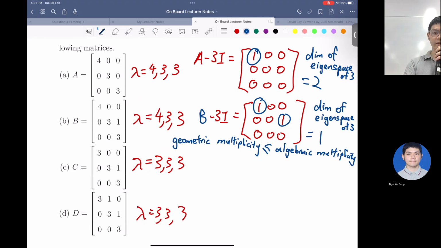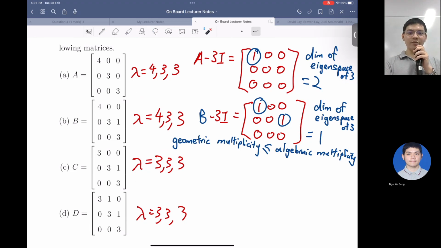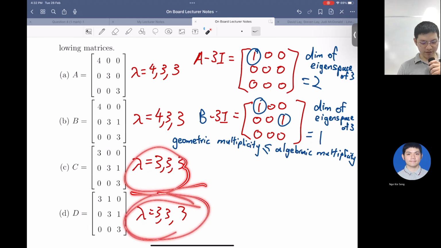So keep remembering this principle: geometric multiplicity is less than or equal to the algebraic multiplicity. We haven't reviewed what to do with these yet, but remember this principle, and later we will see it again. So you will go back and see that these two also are the same.